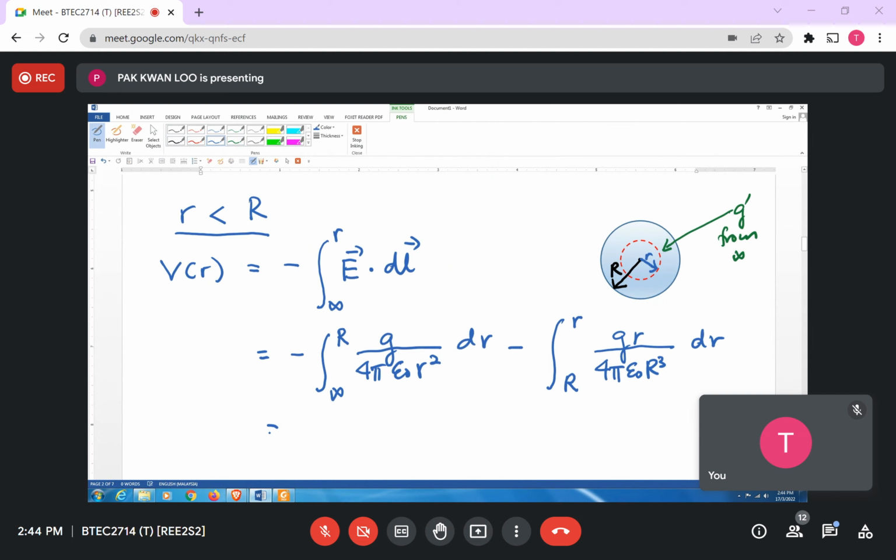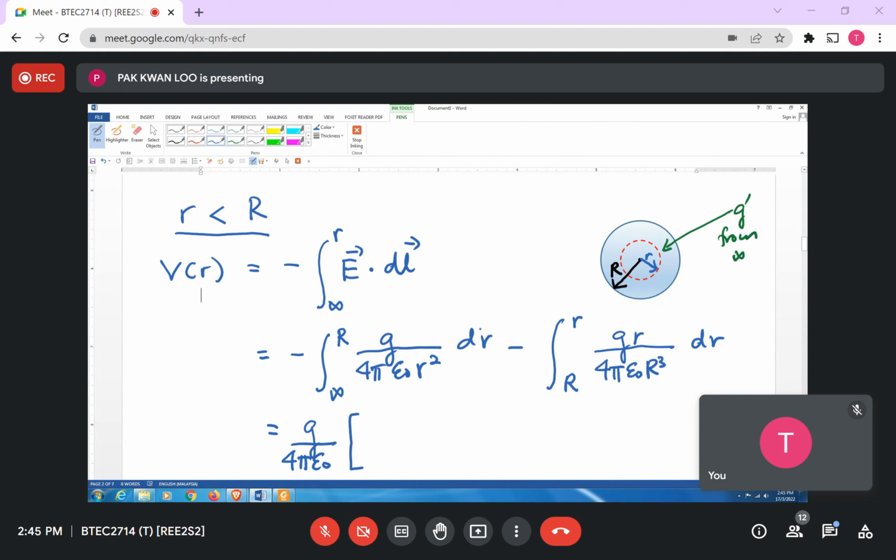So the first and second integrals can be evaluated easily, right? Q over 4 pi epsilon is all constant, so I can factor it outside the integral. What would be the result of integrating 1 over r squared?